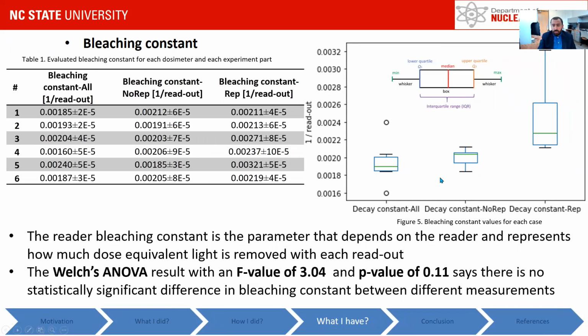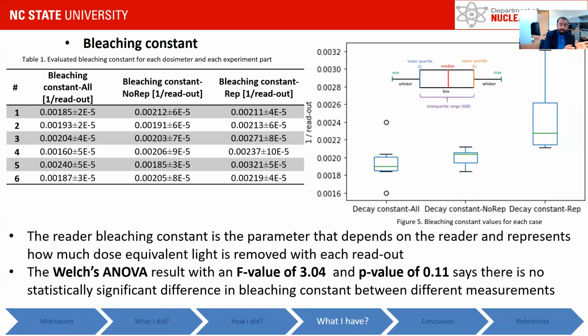In the box plot, we can see that the variance is supposed to be different, but we need to check it. When we check it, we see that the variances are heterogeneous, so we can't use the classical ANOVA. We can use Welch ANOVA, and the Welch ANOVA suggests that there is no statistically significant difference in the Bleaching constant.